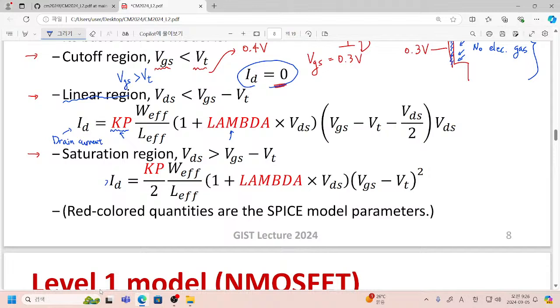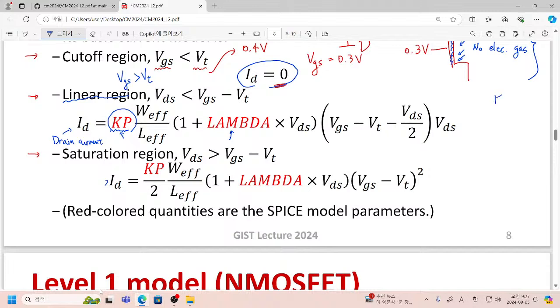Then as a user of your compact model, how can you set this Kp value or lambda value? If you are just a circuit designer, then maybe it's not possible. Instead, your fab guy will provide you this Kp value and lambda value to help you design a circuit.